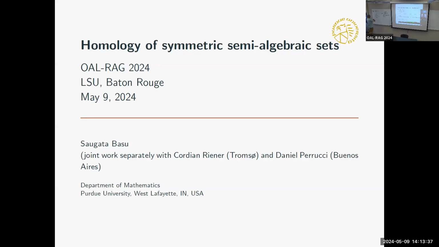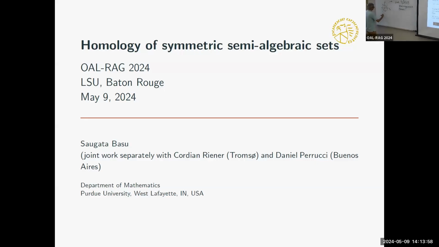That means it's stable under the symmetric group S2, which is the same as saying that it's stable under reflecting along this line. And then the homology of this set.